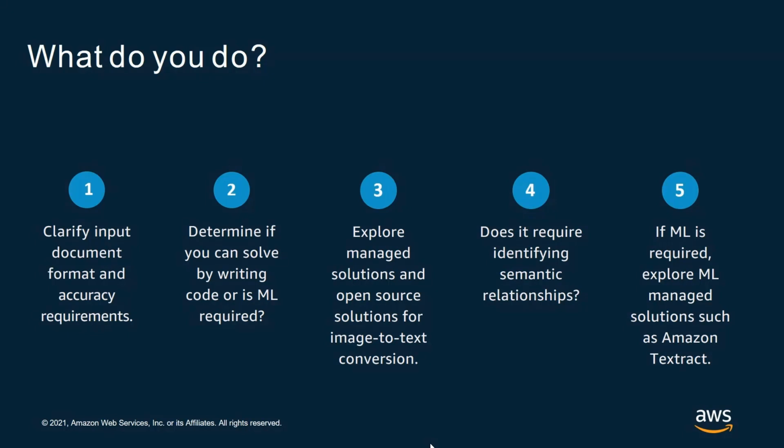So how would you do that? You ask questions about whether these are templates, whether it is just straight text that resides in a specific part of the document that you're trying to get, or whether the documents are all over the place, where ML might be the right thing to do.